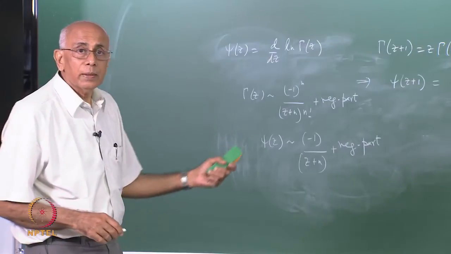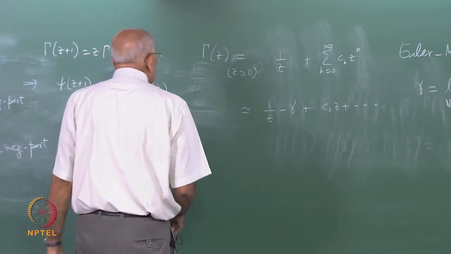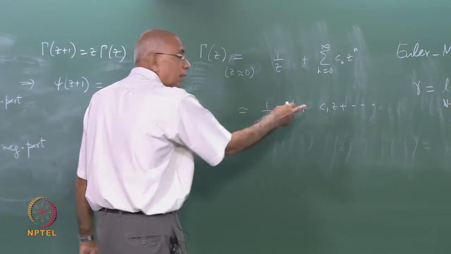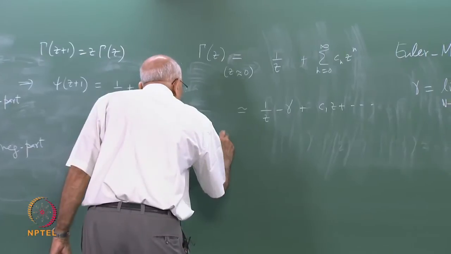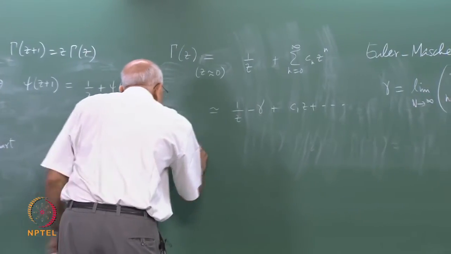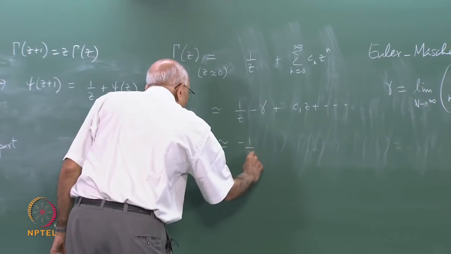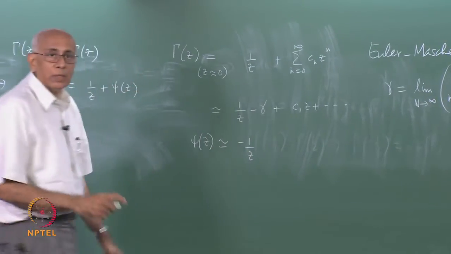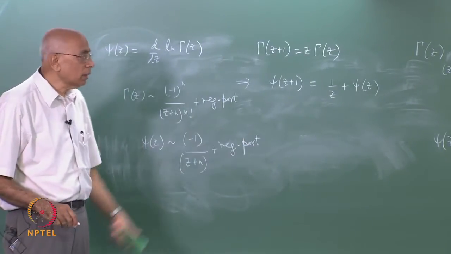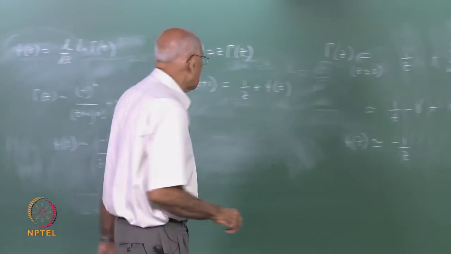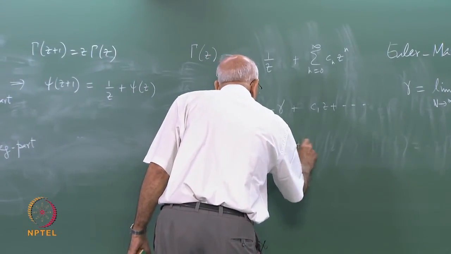Once we know that, we can ask what gamma prime is going to look like, and then of course we differentiate and divide etc. It is not hard to show that psi of z is minus 1 over z plus a regular part, and the regular part again turns out to be minus gamma plus etc.